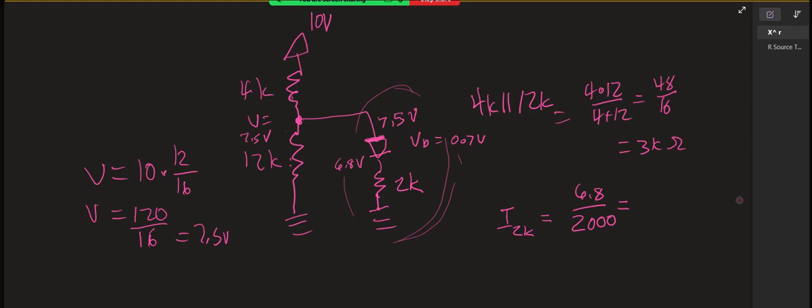Y'all should check me, because I am known for not being able to use a calculator. 0.0034 amps. The current through the 4K resistor is 10 minus 7.5 over 4,000, which is 0.000625.